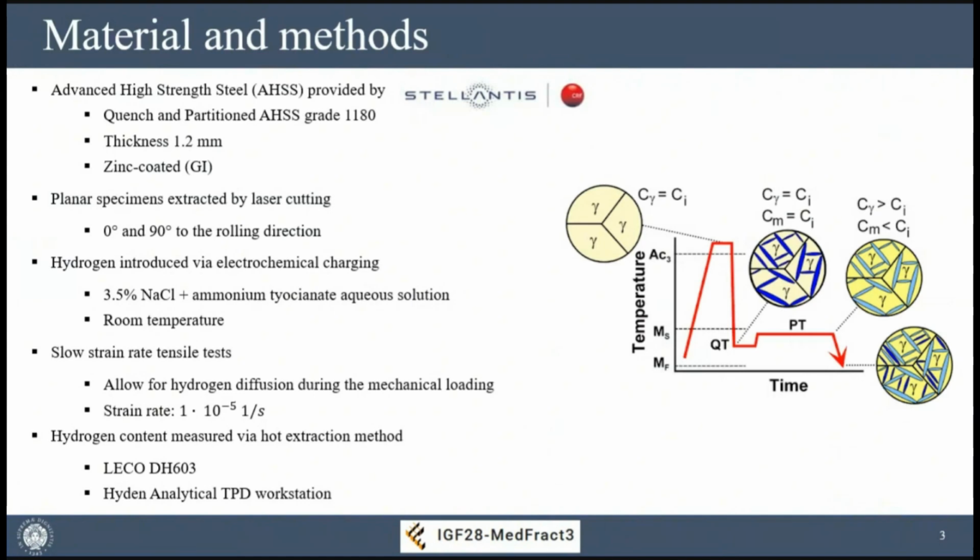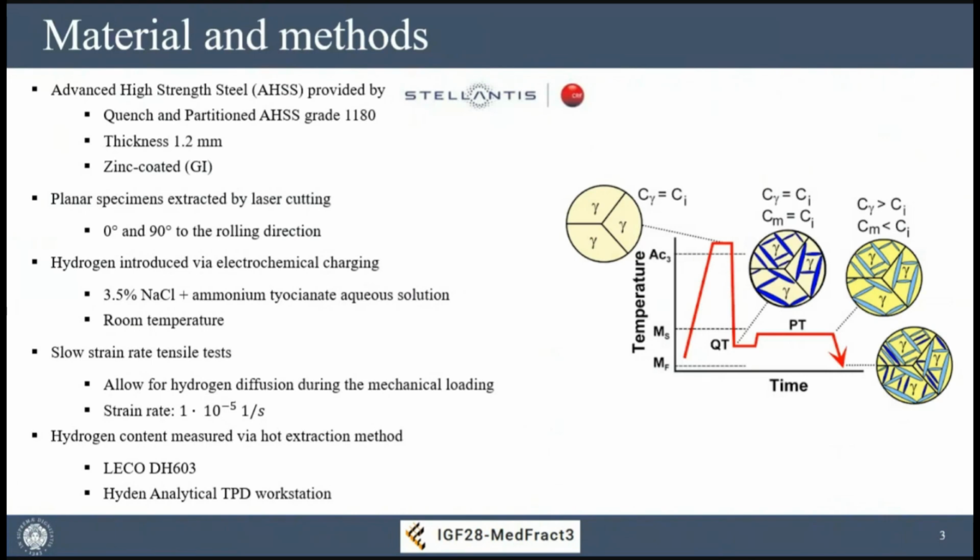Quench and partitioning means that the material is obtained by reaching the austenite, so austenitization phase, then quench, but the quench is not finished: it is stopped at a temperature that is above the martensite finish temperature, in a condition where there is a significant portion of retained austenite in our material.